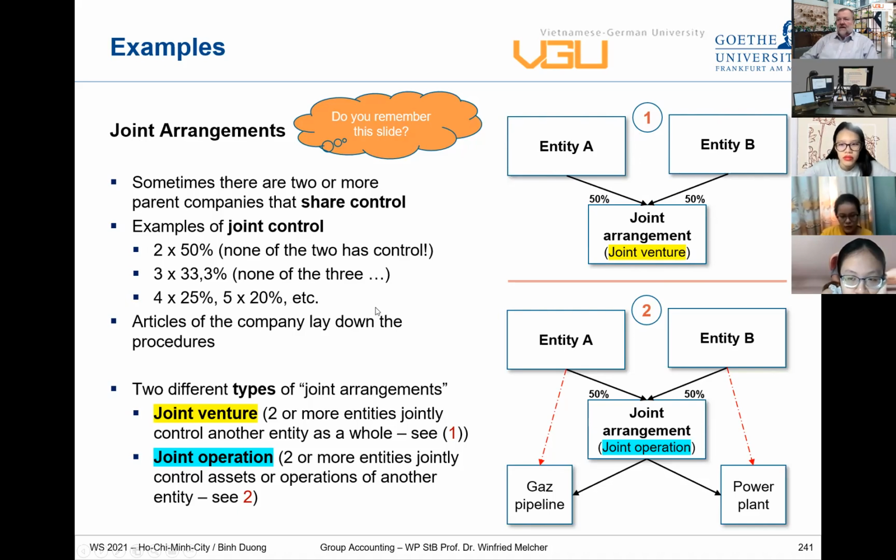Oh, I forgot to mark this one here. So maybe I can do this. So that should be joint. It was joint control. Oh, I cannot see my... Oh, I can see it.